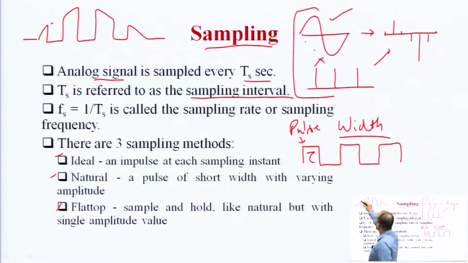You can see here the upper part of this pulses are continuous in nature. So, this is called natural sampling, a pulse of short width with varying amplitude.